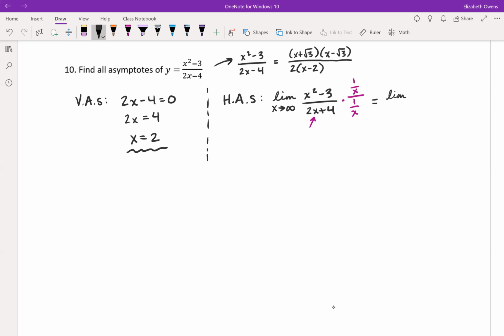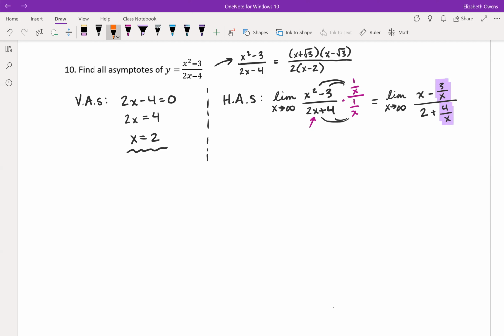That would give us the limit as x approaches infinity. Let's distribute. We get x minus 3 over x, and then we would have 2 plus 4 over x. Now these two terms, 3 over x and 4 over x, are going to approach 0.